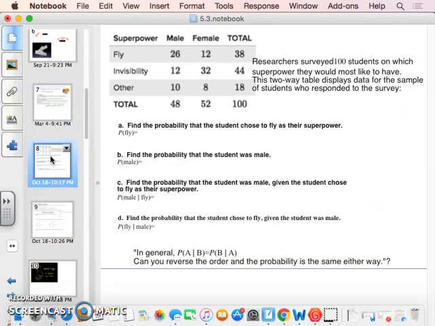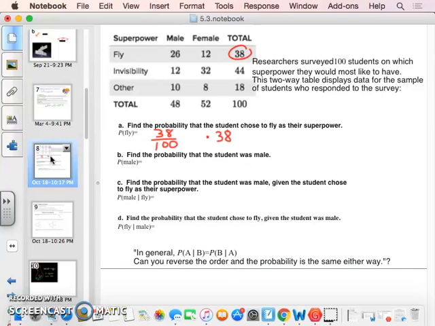Let's look at another example. So this is going to kind of combine everything we've talked about so far. Find the probability that a student chose to fly as their superpower. So here we've got fly right here. So it's 38 out of 100, or 0.38.